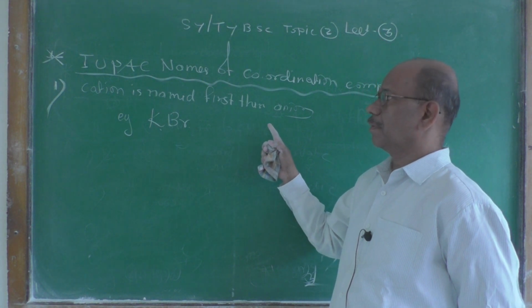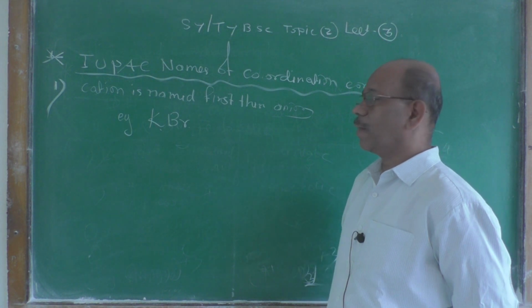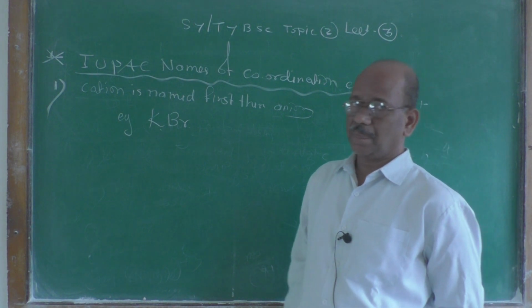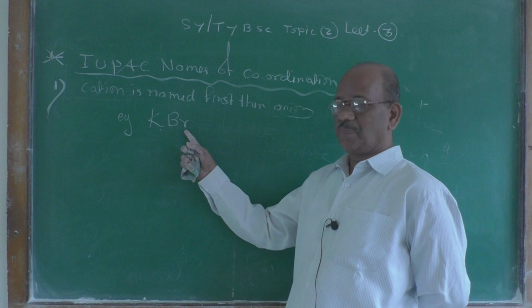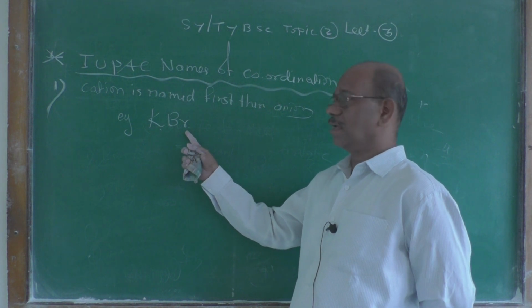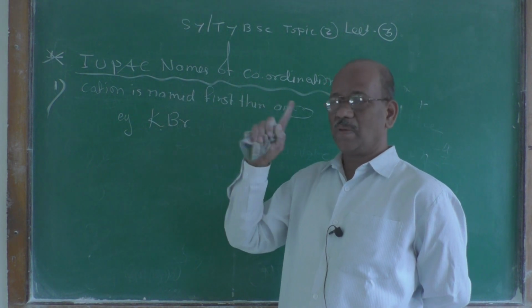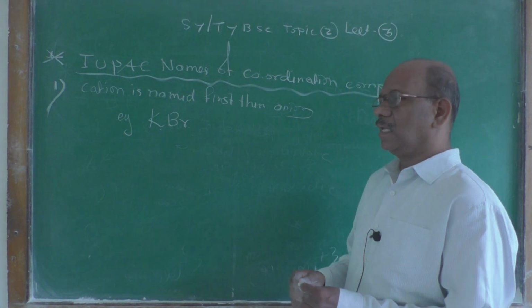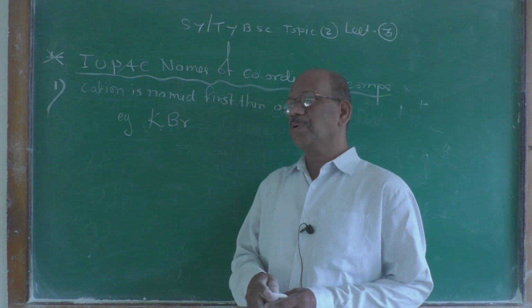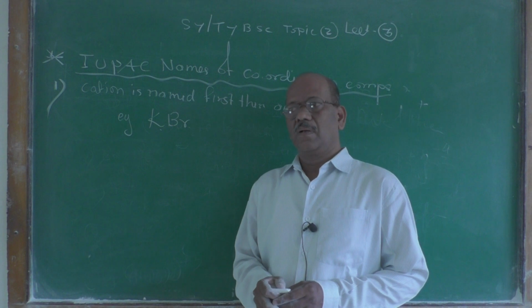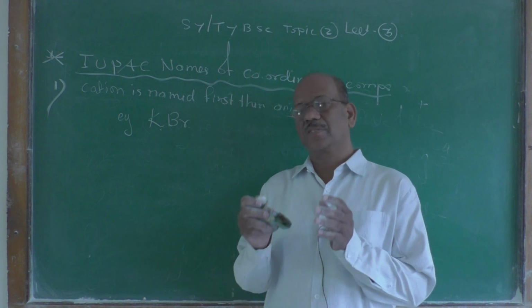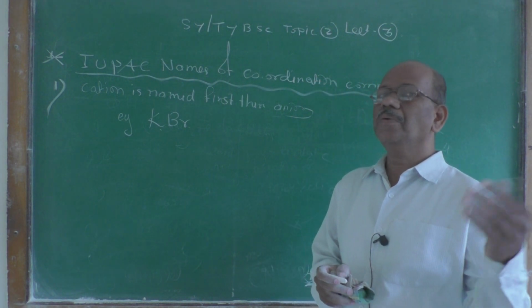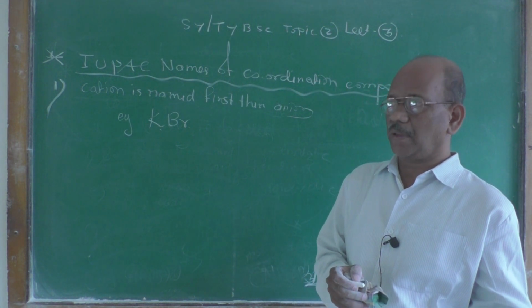We never say bromide potassium. When you say bromide potassium, it is first anion and then cation. So you remember that in any coordination compound, when you give the name, you always give the name first of the cation and then the anion.